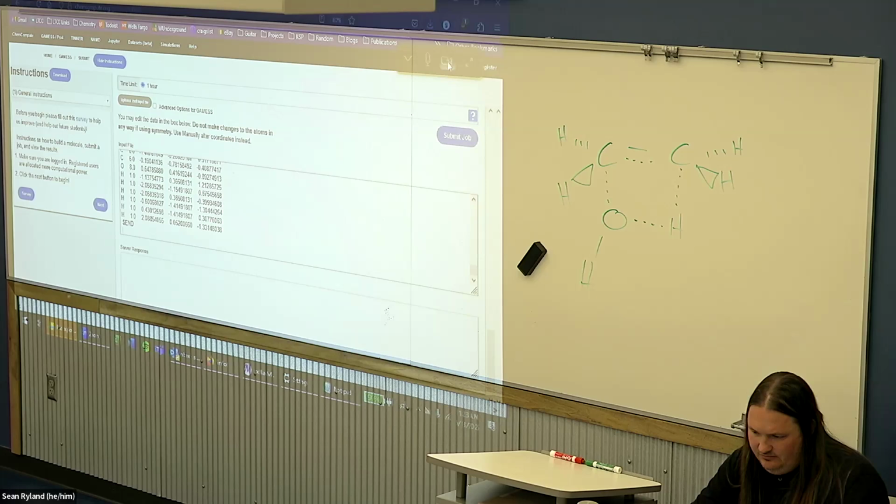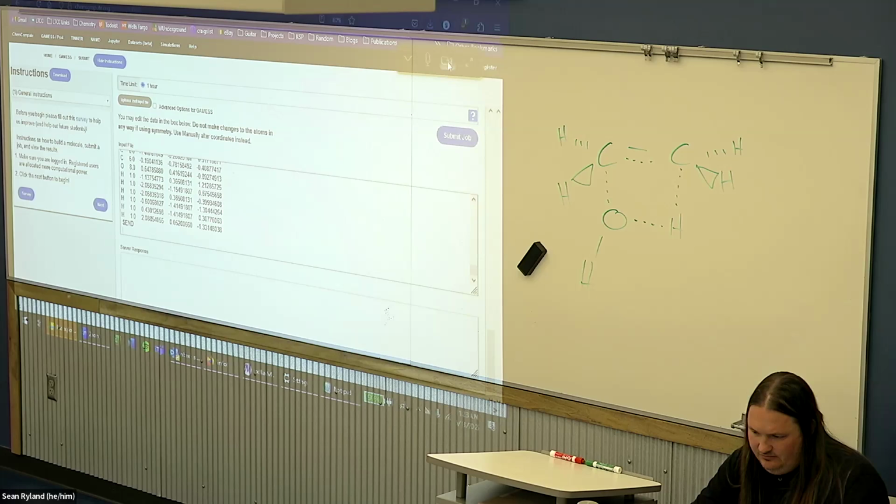Then when we come back here, it seems like a little thing, but when you do that you're always going to get a blank line. GAMESS doesn't like the blank line in the data section, so make sure you delete that. And now we copy and paste all of this.